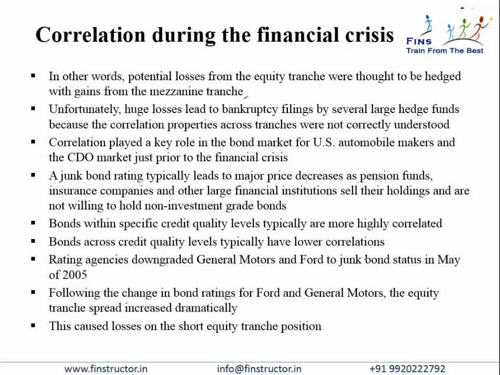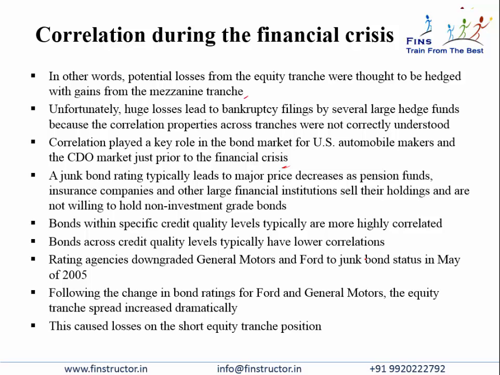So correlation played a key role in the bond market for the US automobile makers and the CDO market just prior to the financial crisis. So a junk bond rating typically leads to a major price decrease as pension funds, insurance companies, and other large institutions will sell the holdings and are not willing to hold these non-investment grade bonds.